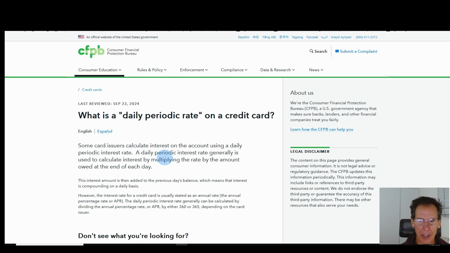A daily periodic interest rate generally is used to calculate interest by multiplying the rate by the amount owed at the end of each day. The interest amount is then added to the previous day's balance, which means that interest is compounded on a daily basis. However, the interest rate for a credit card is usually stated as an annual rate, the annual percentage rate, or APR. The daily periodic interest rate generally can be calculated by dividing the APR by either 360 or 365, depending on the card issuer.